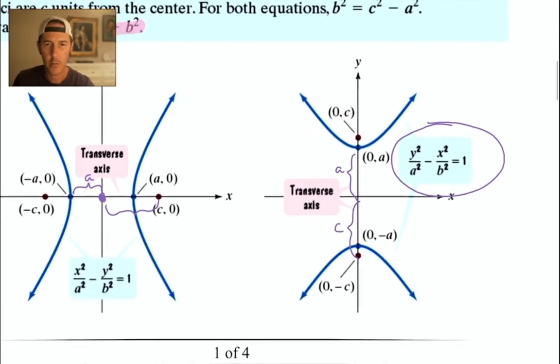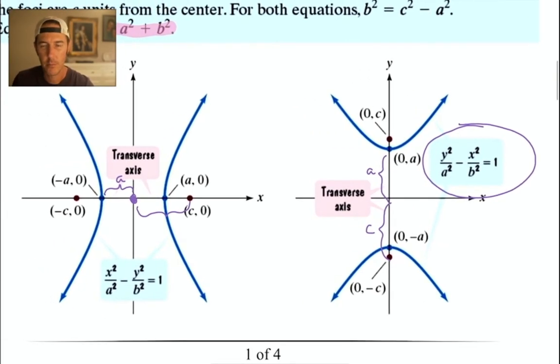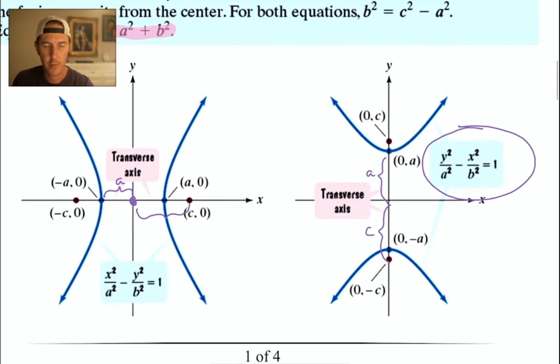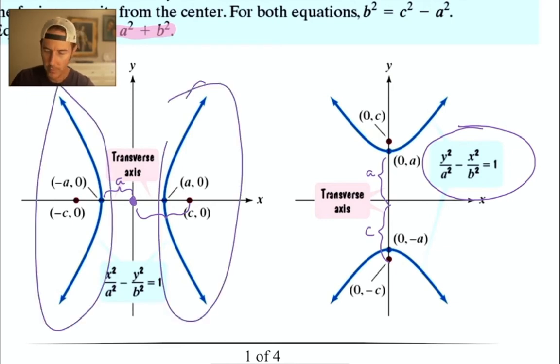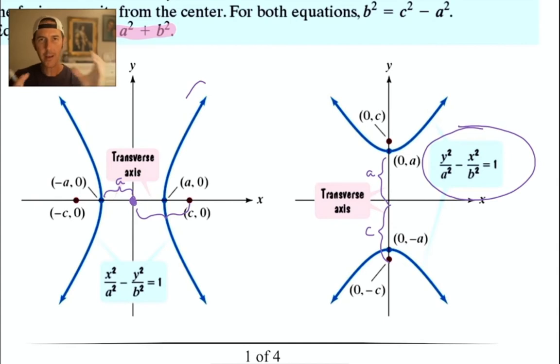Oh, here's another sort of characteristic that might be of assistance. This equation on the left leads with an x squared, and the concavity of these two curves, they are concave in the horizontal direction, the x direction.